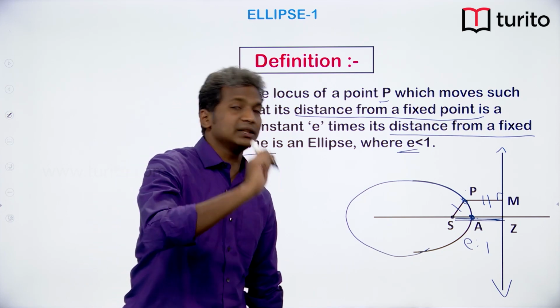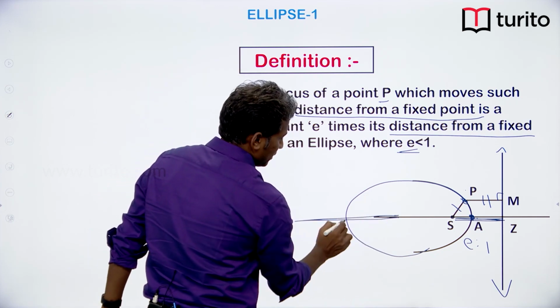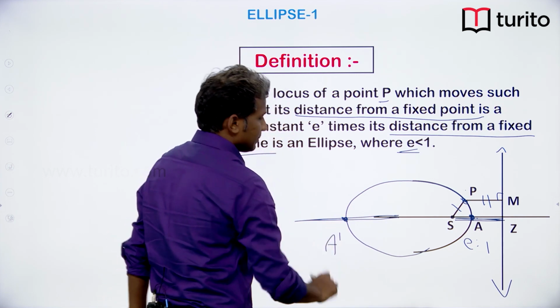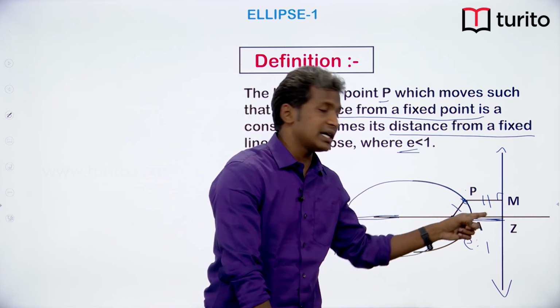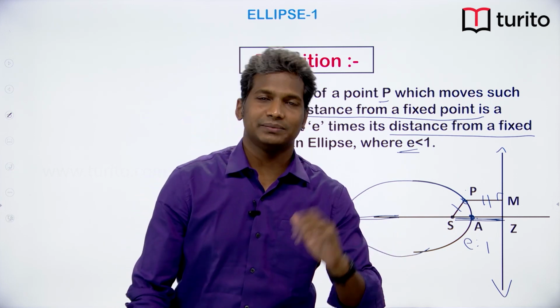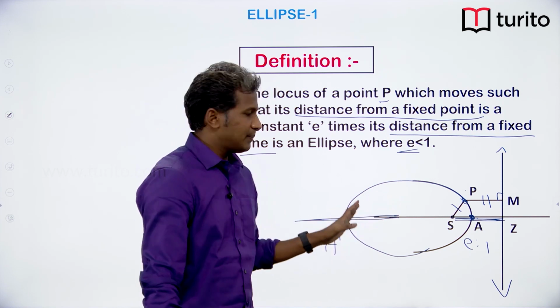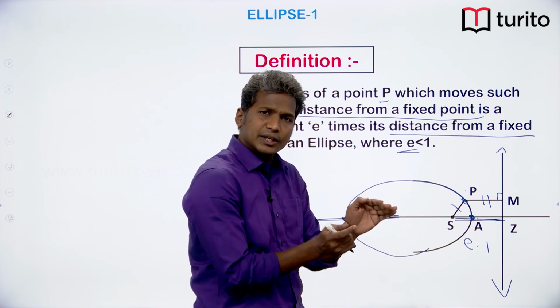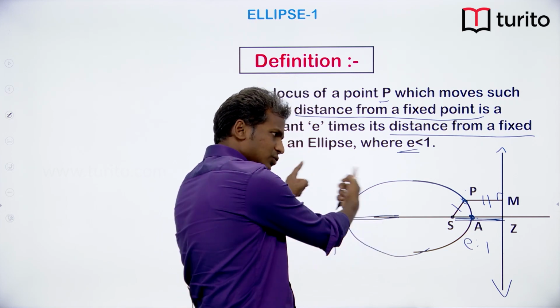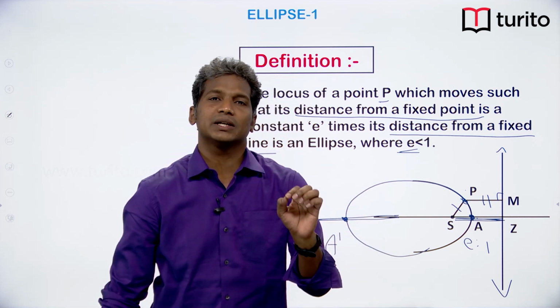We can also find another point on the same line, let us say A dash, which will divide S and Z in the same ratio e is to 1, but externally. So that means 2 points are already possible. So whatever is the curve, it has to turn back and it has to close the diagram. Okay. So this way we can justify why it is a closed diagram.